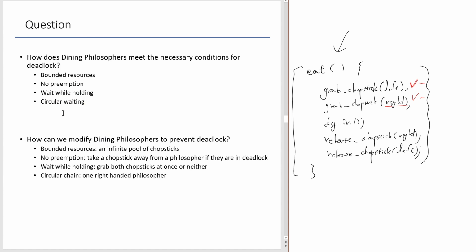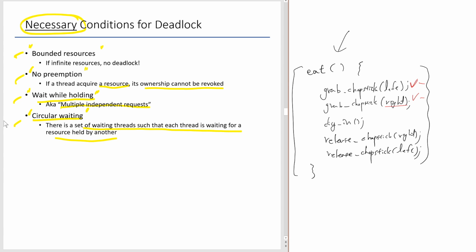So how does dining philosophers meet the necessary conditions for deadlock? It's important to know these names and understand their meaning. All right, so how can you modify dining philosophers to prevent deadlock? The first one is bounded resources, an infinite pool of chopsticks. In order to prevent deadlock, notice that these are necessary conditions.